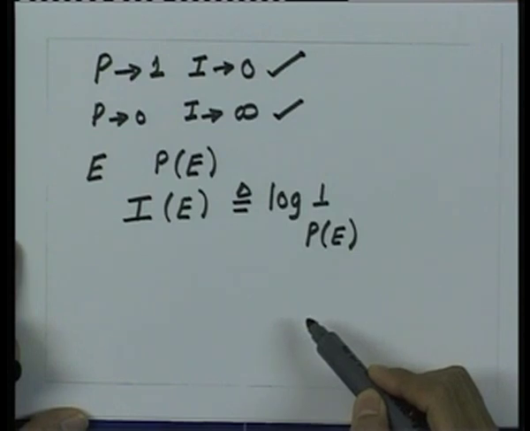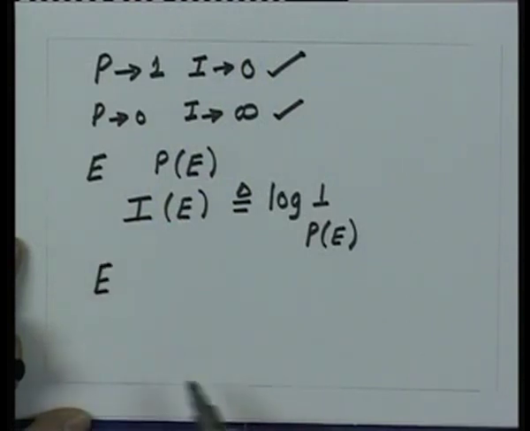Now, the question that comes to my mind is, why should I choose a function log and why not something other than log? The reason can be explained again based on our common sense understanding of the word information. Let me take a simple example.